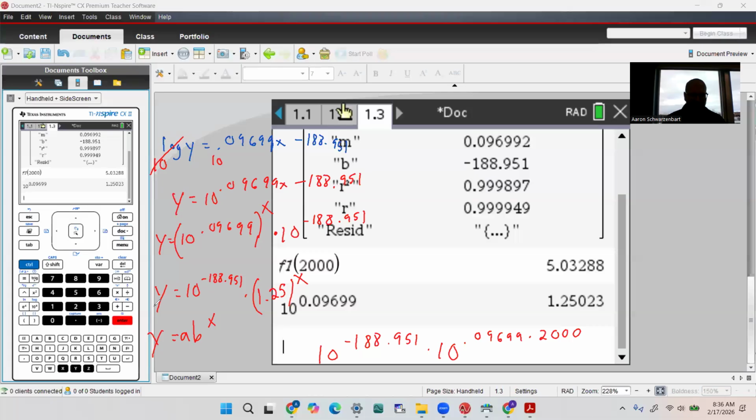I probably wouldn't use this one, but the less I round, the better, especially with exponentials. You better have at least three places past the decimal that are significant. Okay.